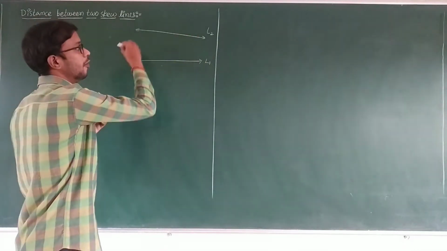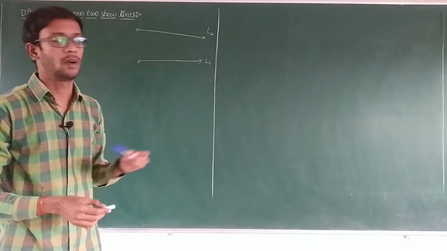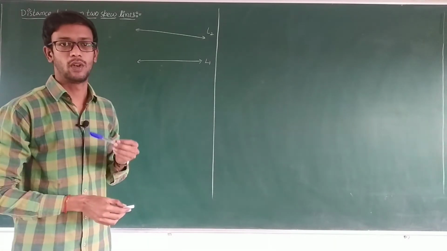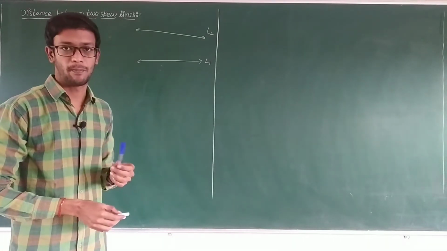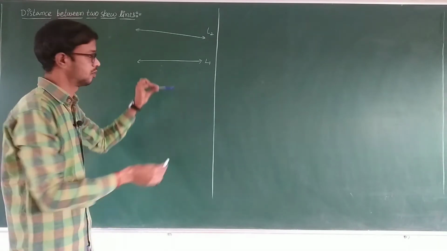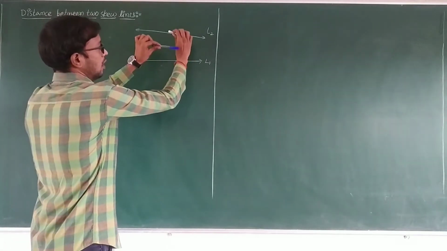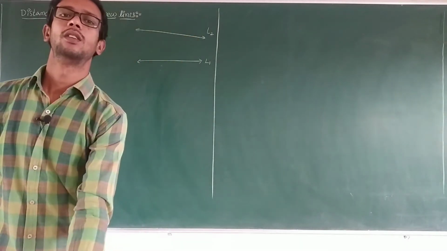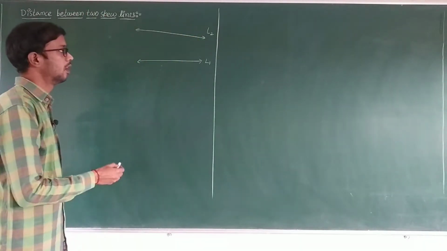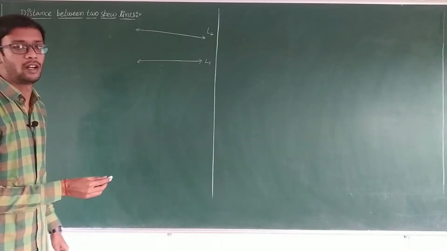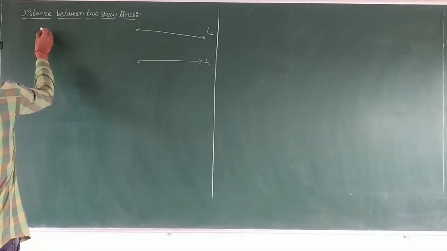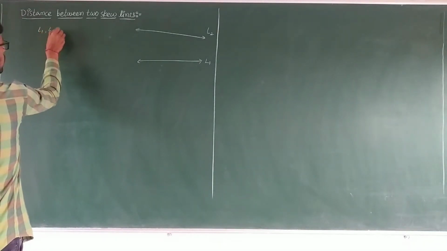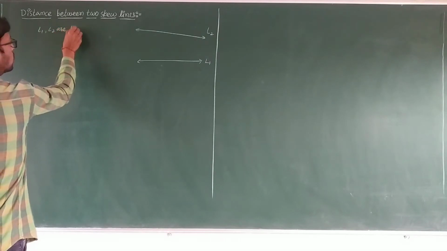Imagine like this, because you can't have a diagram on a 2-dimensional plane; this is in 3D space. So imagine like this. This is L2 and this is L1 here. Now L1 and L2 are two skew lines.